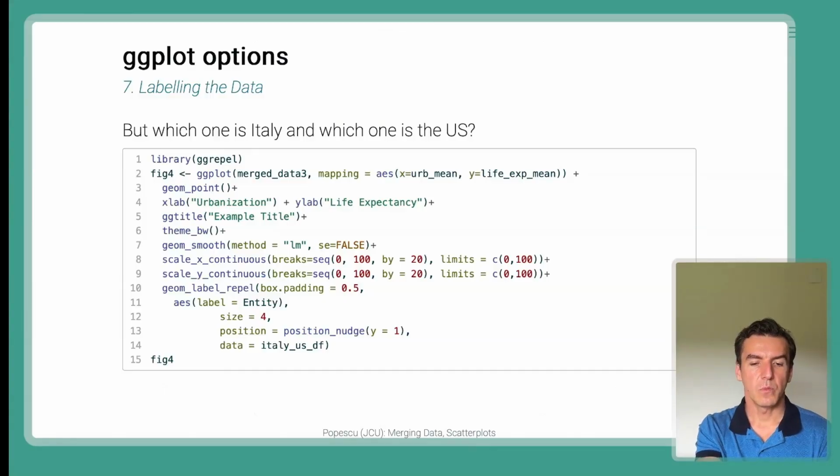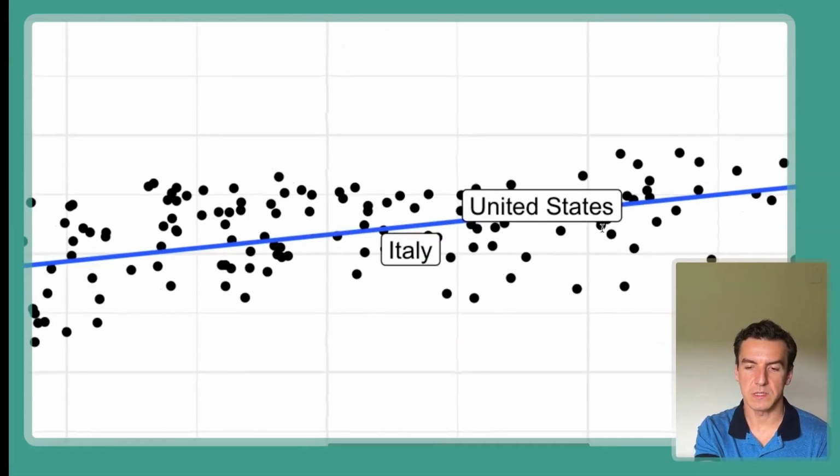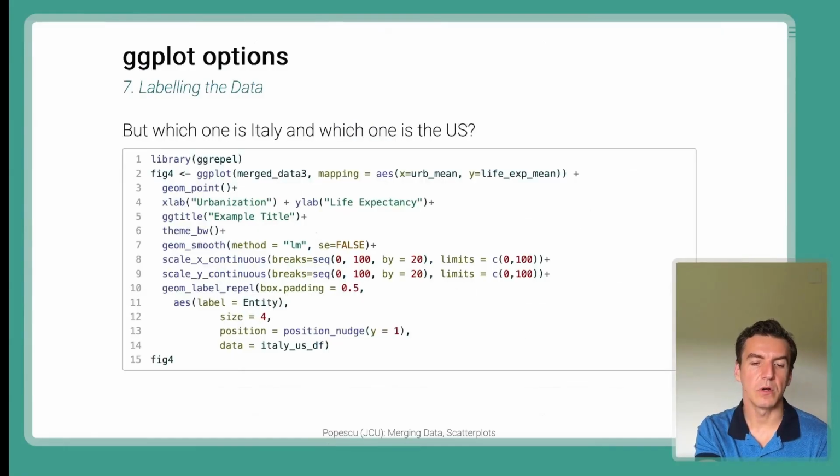Okay, but then which country is the US and which country is Italy? Because here in the end, is it this one? Is it this one? Probably it is this one, but how do we know? The way to know is to use the geom label repel. In order to use this function, we need to first install a new library. It's called ggrepel.